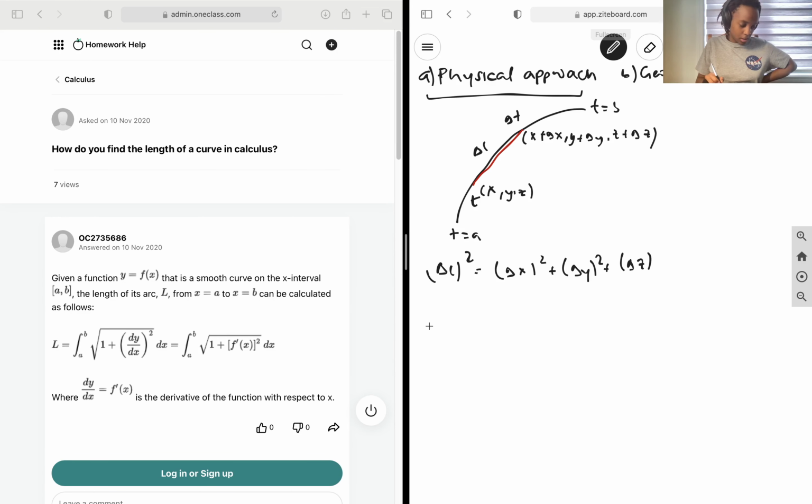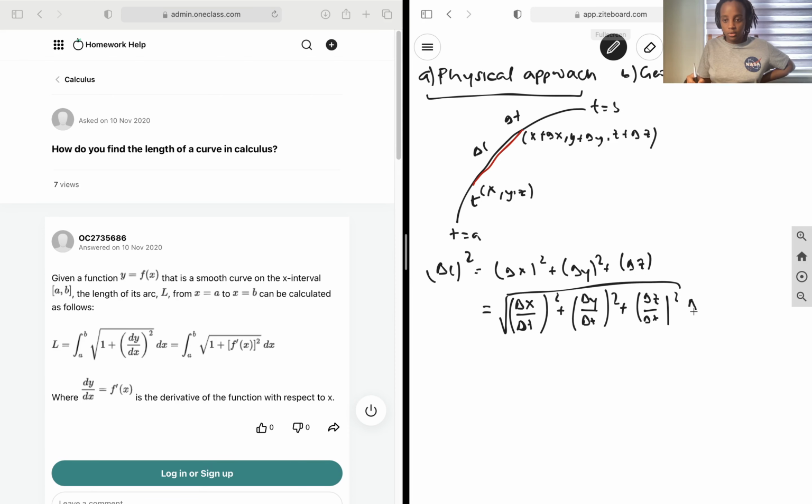And we're just going to rewrite it as the root of delta x over delta t squared plus delta y over delta t squared plus change in z over change in time squared, all multiplied by the change in time.